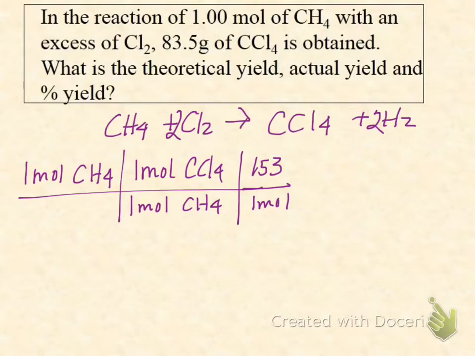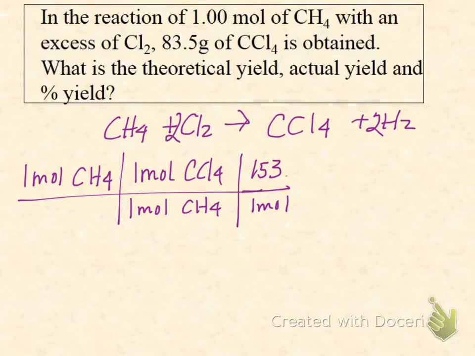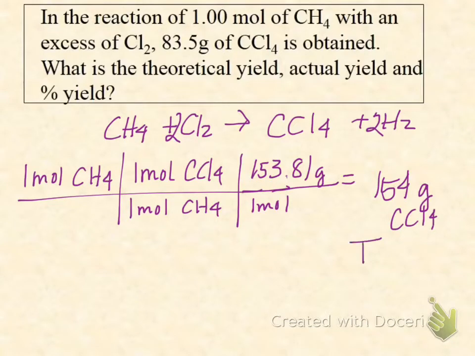It makes our life easier. It saves a step. And we need 3 significant figures from the 1.00, so we would write that as 154 grams of CCl4. That is our theoretical yield.